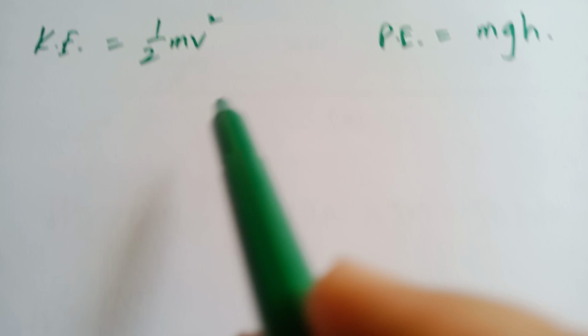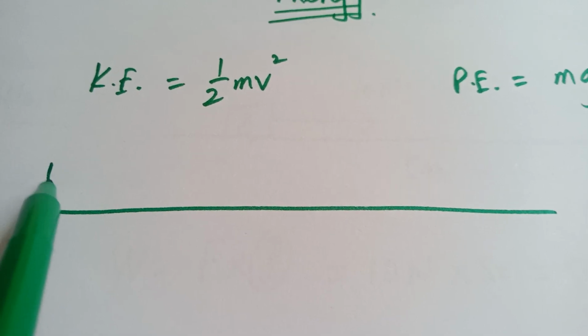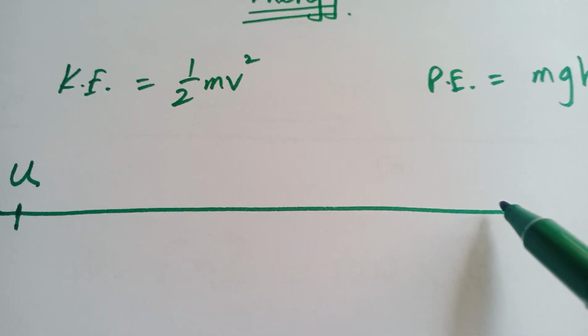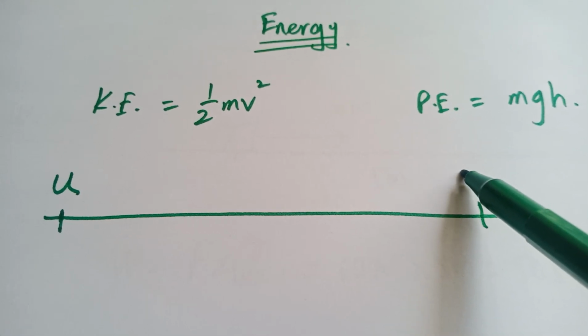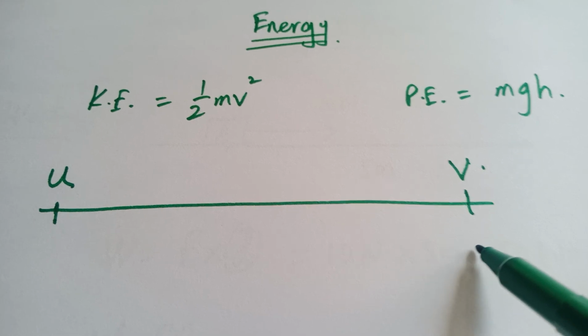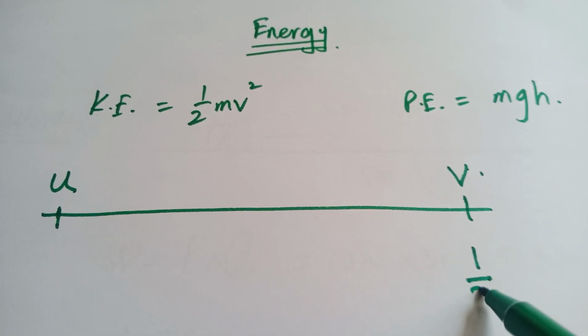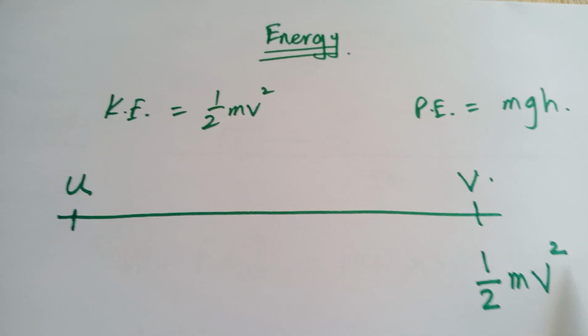Now for example, there was an object here and it had an initial velocity u, and when it reached here it had the velocity v. So here the kinetic energy is going to be half mv square.